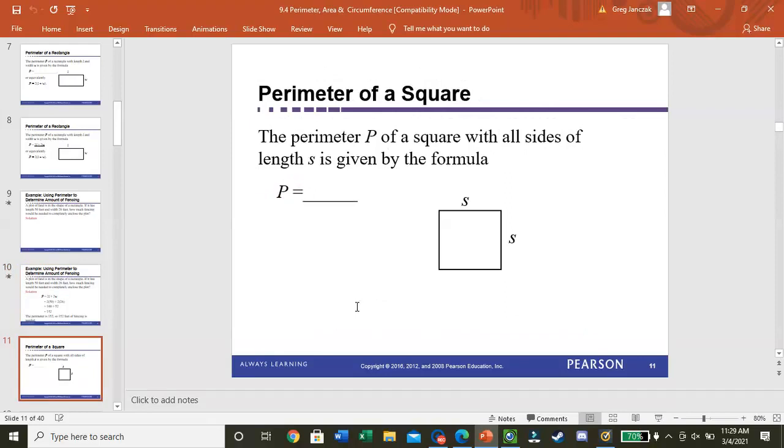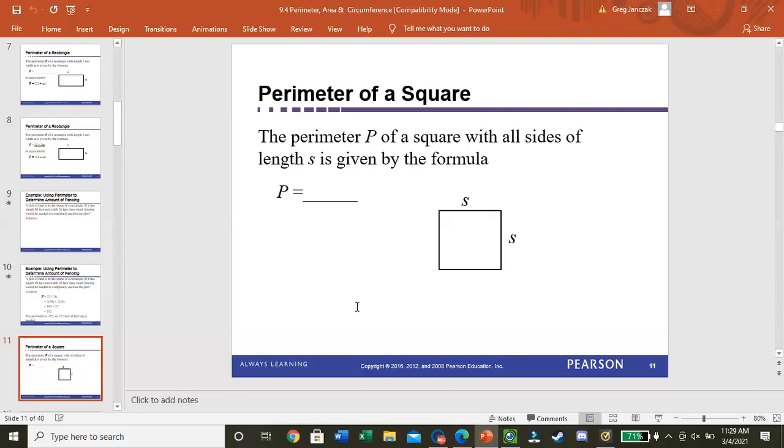Perimeter of a square. Well, if one side, what's the length? What is the relation from one side to the other side in a square? Are they all the same or different?